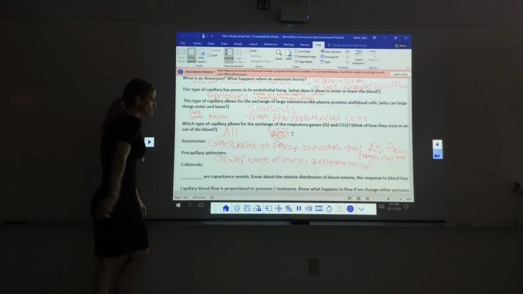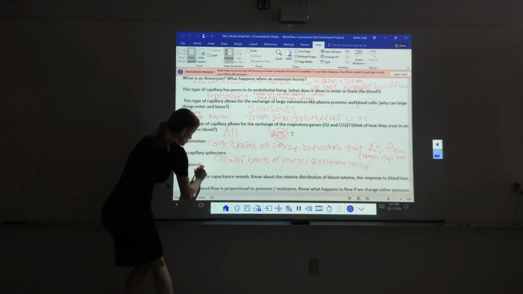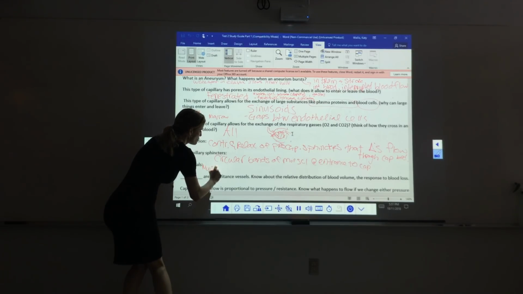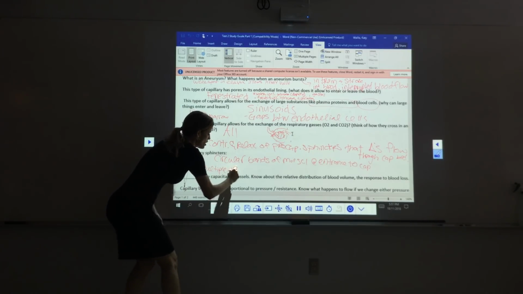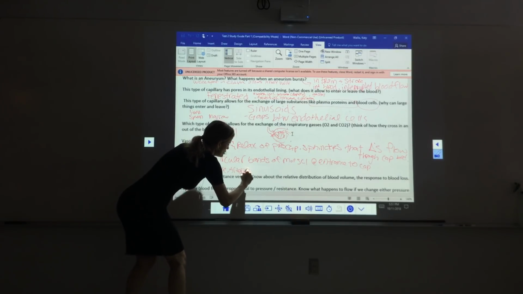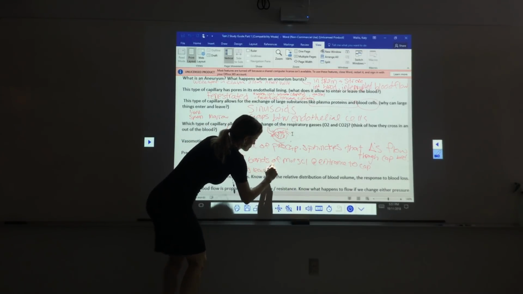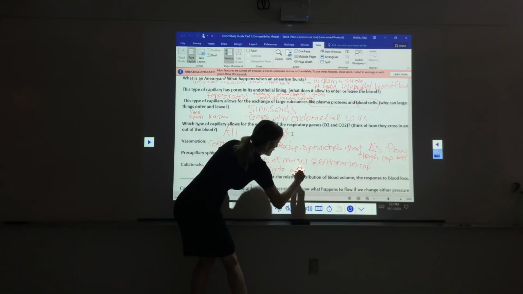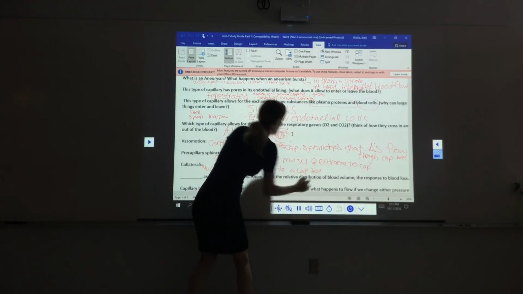What are collaterals? Good. So multiple, or you could say two, arteries leading to a capillary bed.